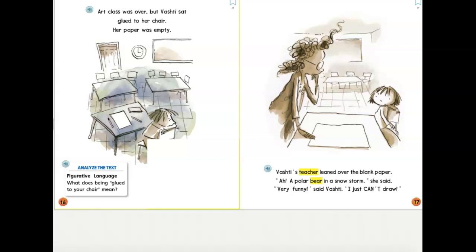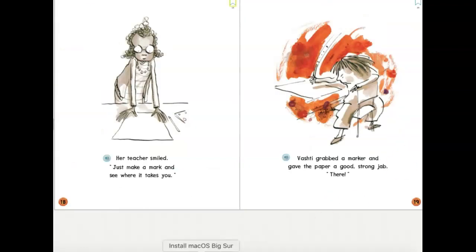She tells her teacher, I just can't draw. Her teacher smiled. "Just make a mark and see where it takes you."